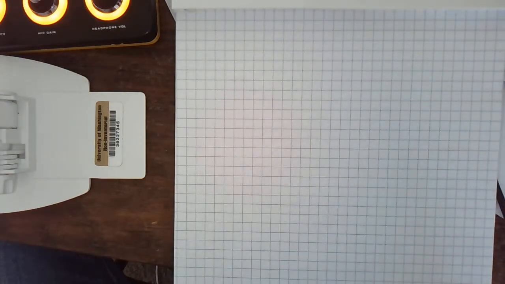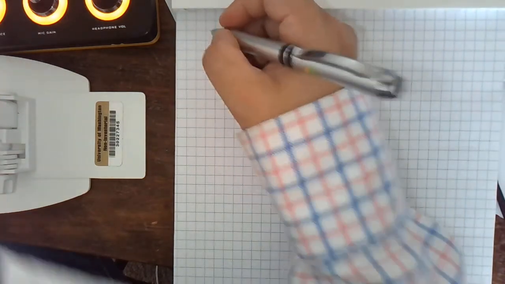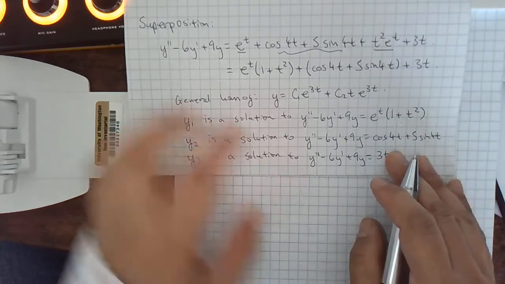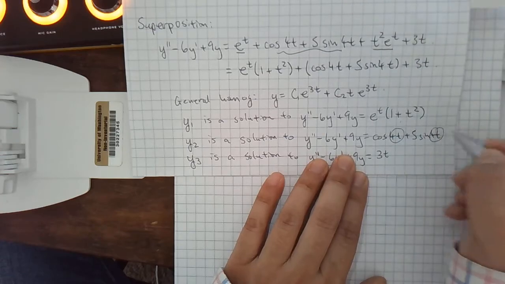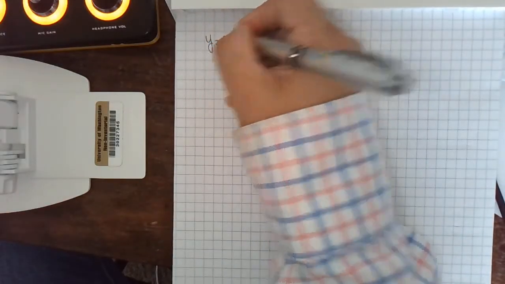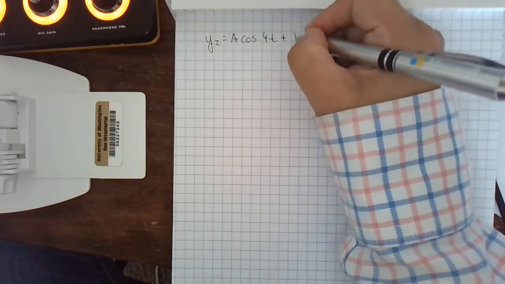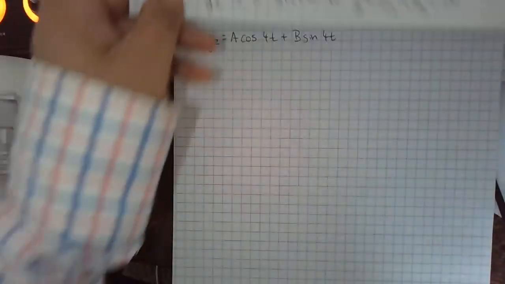All right, so y2 is going to be a solution to this differential equation. So our guess for y2 is going to be a linear combination of, and as long as these angles are the same, it's fine. We just got to keep them in there. So y2, we're going to guess a cosine of 4t plus b sine of 4t. Okay.